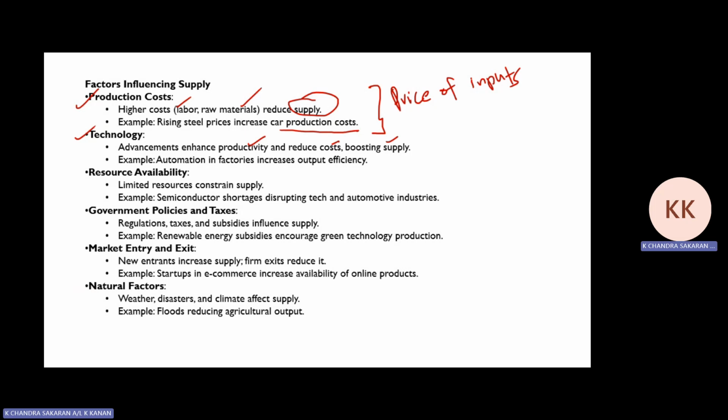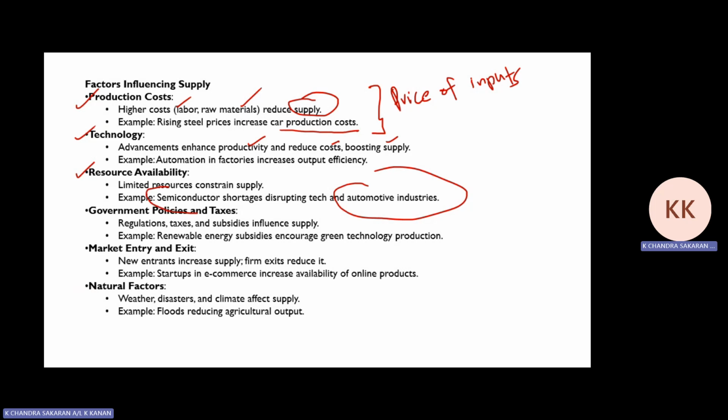Okay, resource availability also will determine the supply of the goods in the market. Is it easy to get the resources to produce the goods? If resources are very difficult to find, that means the production is difficult. So supply will be affected. For example, semiconductor shortages disrupted the automotive industry.